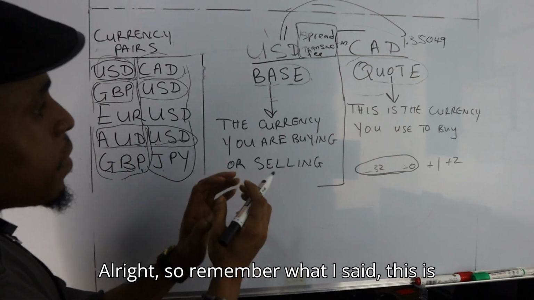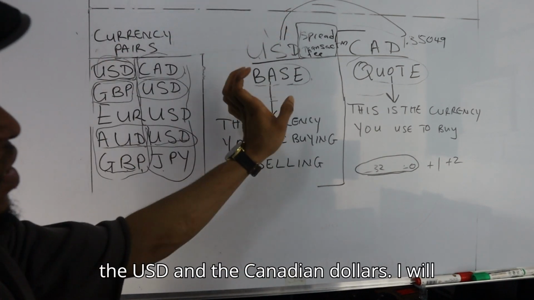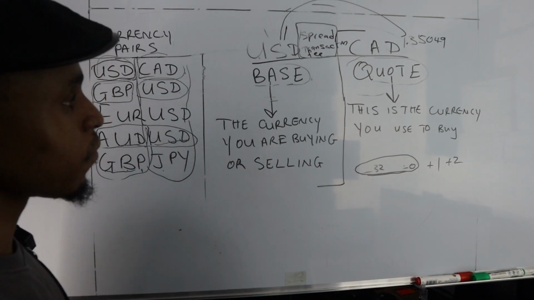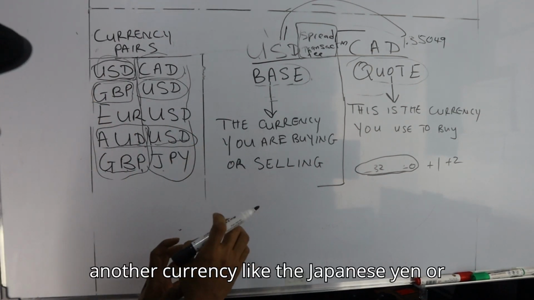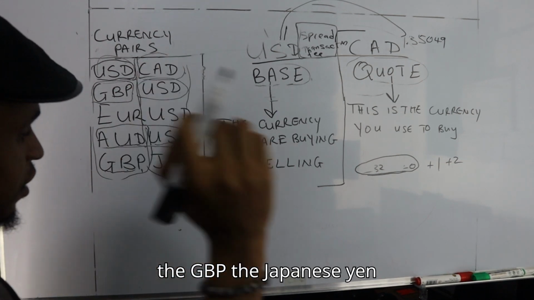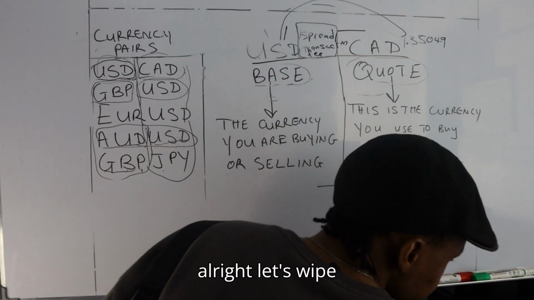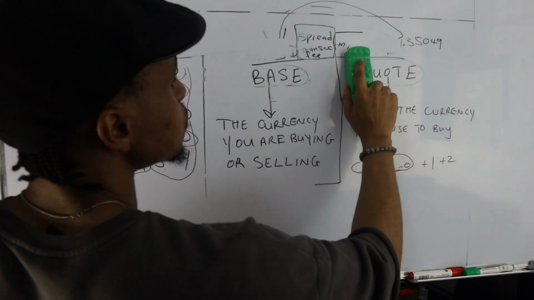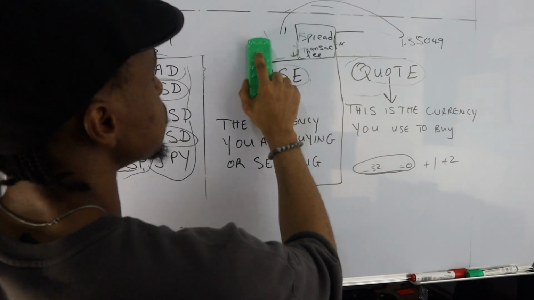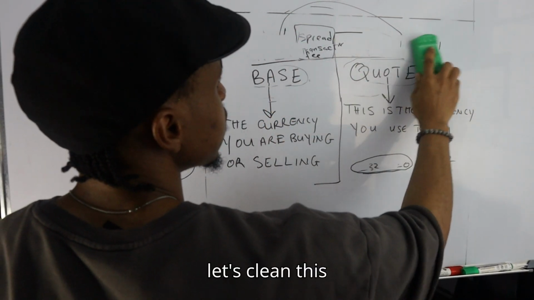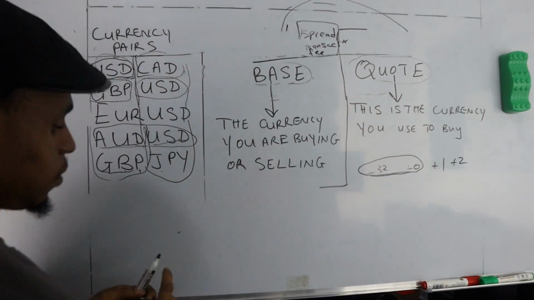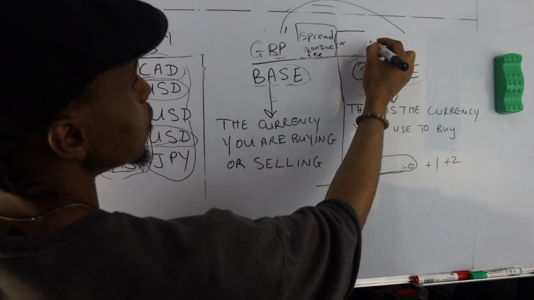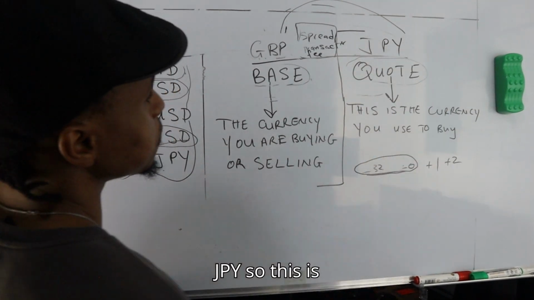All right. So remember what I said. This is the USD and the Canadian dollars. I will give another example with another currency, like the Japanese yen and the GBP. Let's clean this. So let's say GBP/JPY.